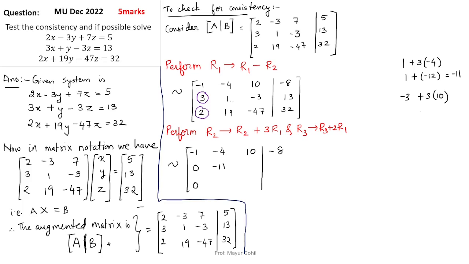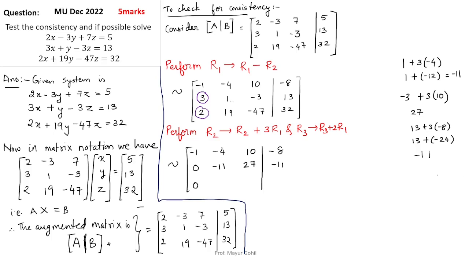So this is going to be 30, and this is minus of 3, that is 27. So here we have 27. Then next one is 13, and then there is plus of 3 times minus of 8. So 13 plus of minus of 24, so we have here minus of 11.